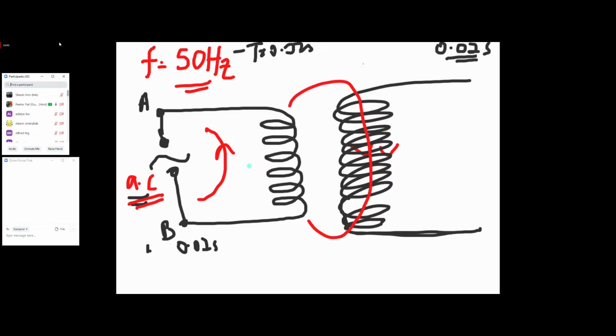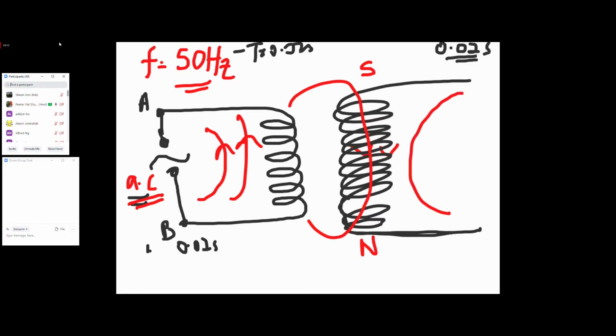How is it reversed? If the current flows from B to A, then the secondary coil might experience down north, up south. So the secondary coil is going through continuous changes of flux. As the secondary coil continuously goes through changes of flux, there will be electromagnetic induction.